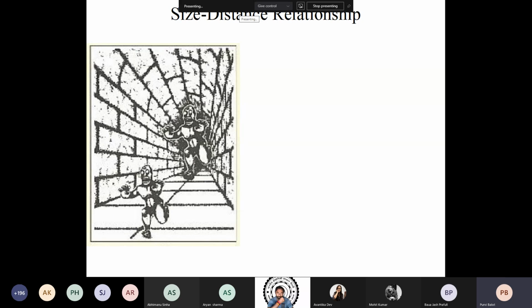So if we visualize it as a 2D picture and measure the size of both men, then we can conclude that both men are of the same size. But as our brain only wants to interpret it as 3D, we see the difference in size.